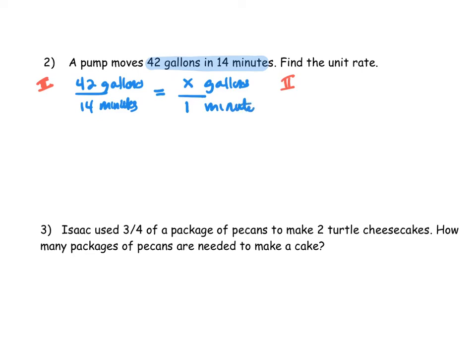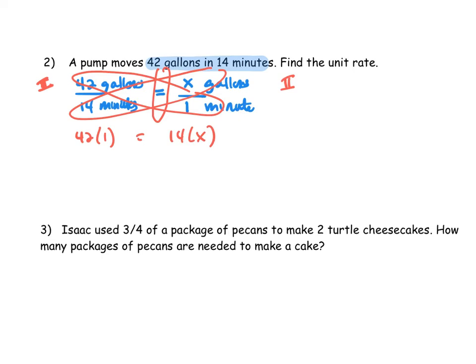So now, using our cross multiplication, I'm going to multiply both sides using the butterfly method. So 42 times 1 equals 14 times x. And that would be the same thing as 42 equals 14x. Now comes the solving step.